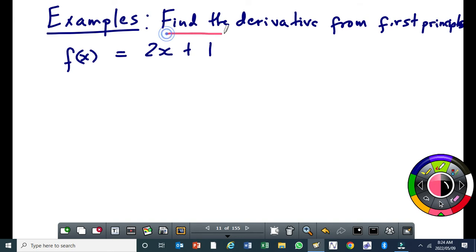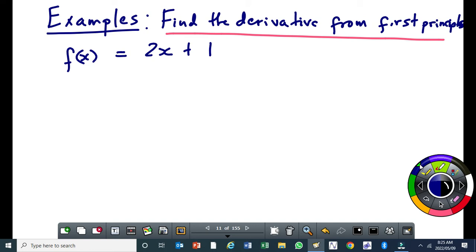That will be the question. Please be aware that we know the gradient of this function f of x equal to 2x plus 1. By inspection, what's the gradient? It's 2. Now, that's by inspection.